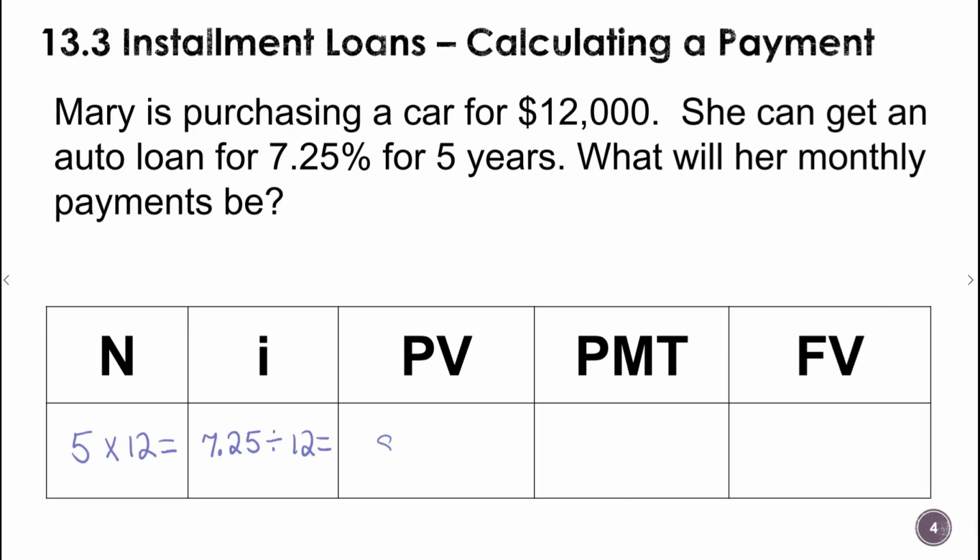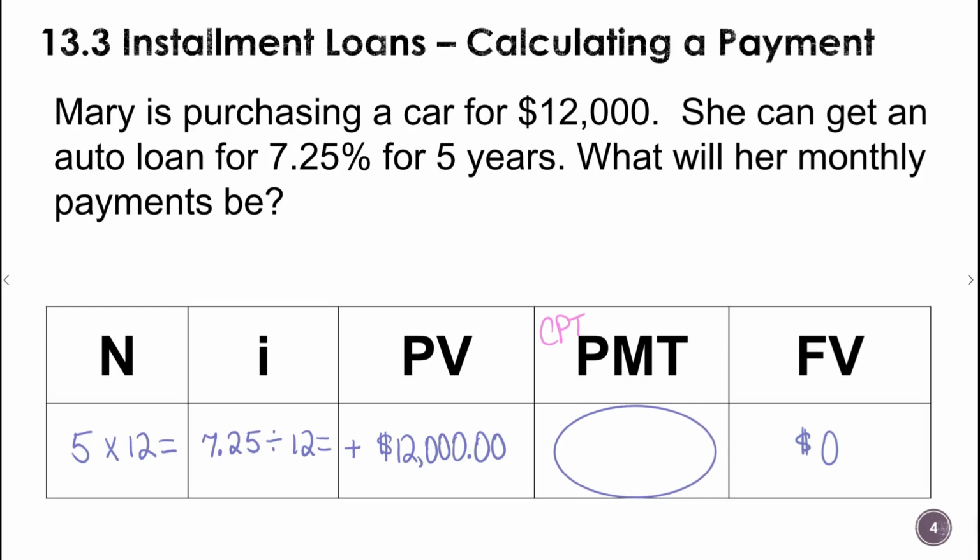Then the present value is $12,000. Now that $12,000 is a positive, so I'm writing that just to emphasize that we do put that in as a positive. Our future value is 0. We're going to pay the loan off eventually. Then we're going to compute the payment, and that's going to tell how much you have to pay on a monthly basis for this loan.